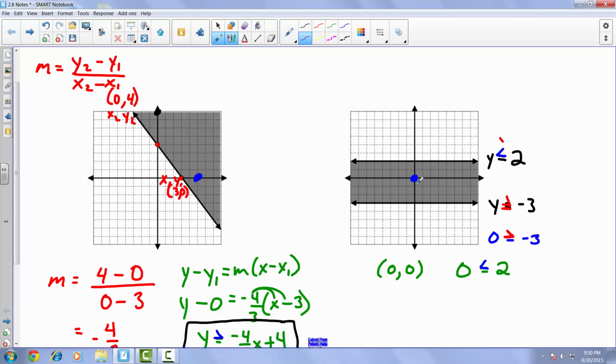We could even try some test numbers and confirm this. For example, we could try the point (3, 1). Again, here are our inequalities that we came up with. When we throw in our point, we're really only using the y value. So is 1 less than or equal to 2?